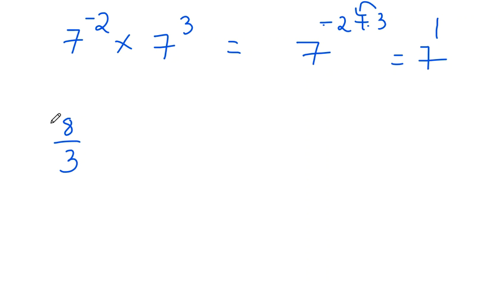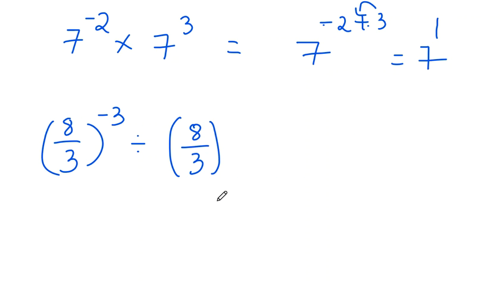Let's take another example. 8 upon 3 raised to minus 3 divided by 8 upon 3 raised to minus 2. Now, what is the base over here? Is it the same? Yes, it's 8 upon 3. So I will keep 8 upon 3 as it is. Division means you will put the in-between sign, subtraction, between the powers.